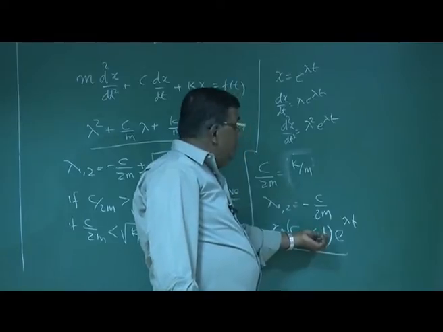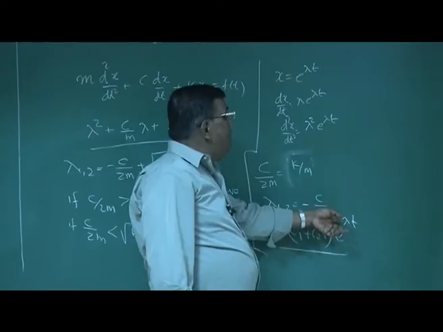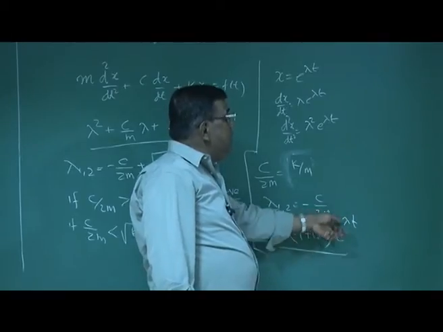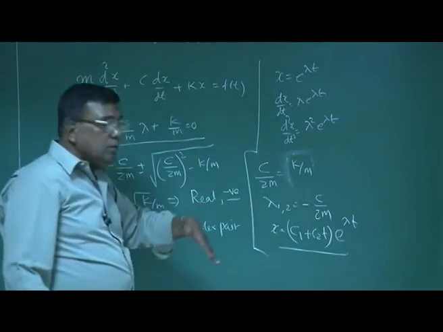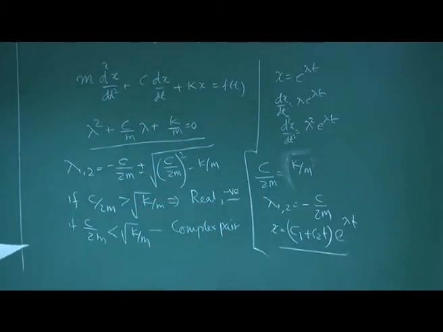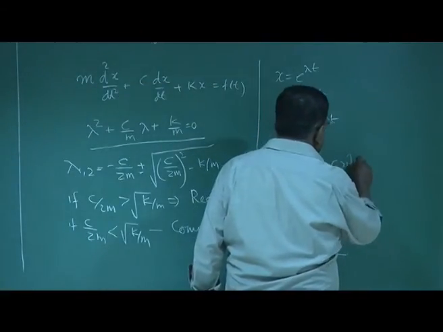As time goes to infinity, the product c2 t increases, but e to the power lambda t, when lambda is negative, decays faster. So your amplitude x goes on decreasing. This is typically the critical damping case.